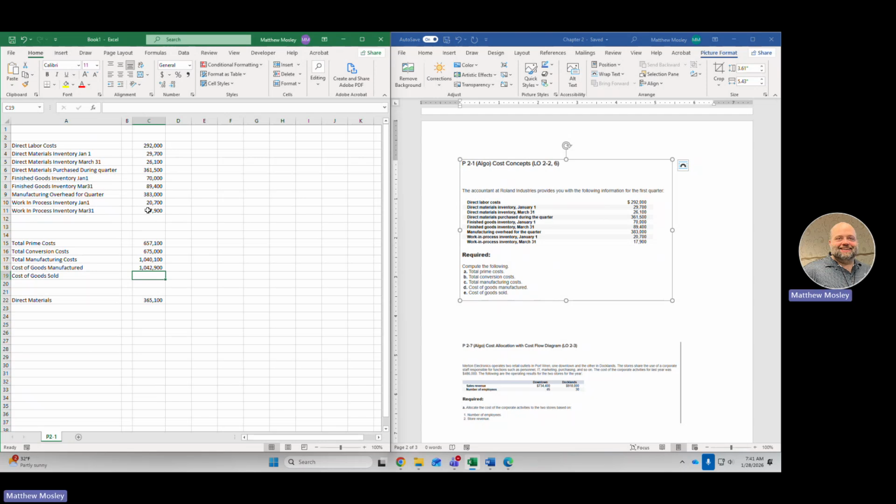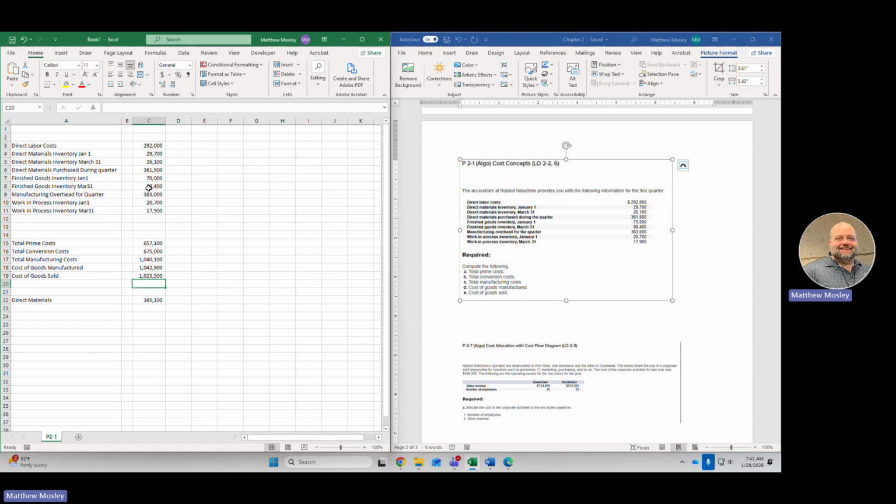Finally, we want to figure out what did we sell, right? The cost of goods sold. So how do we figure that out? Well, we're going to start again with cost of goods manufactured. We're going to add in the beginning inventory of finished goods. And then we're going to subtract out the ending inventory of finished goods.